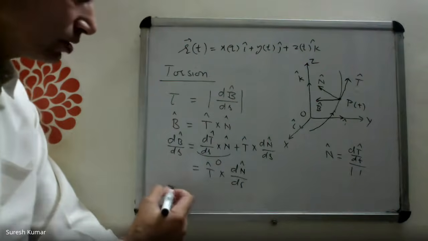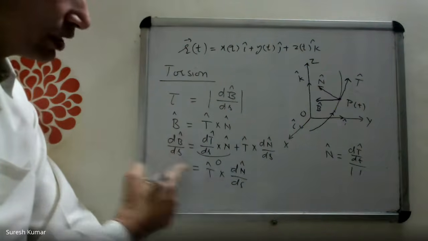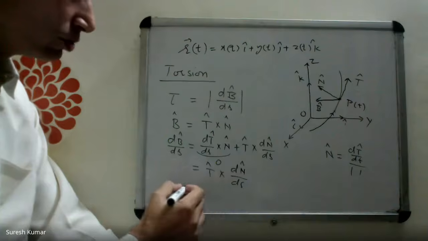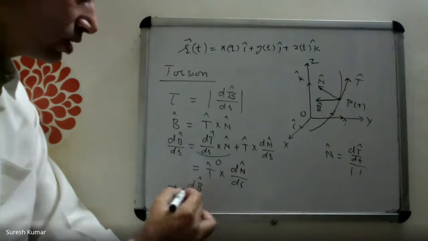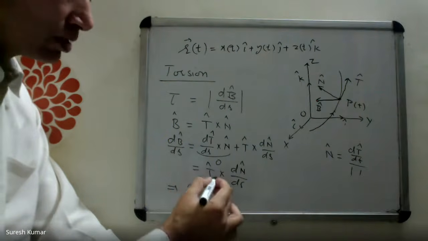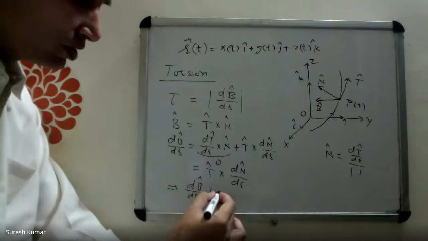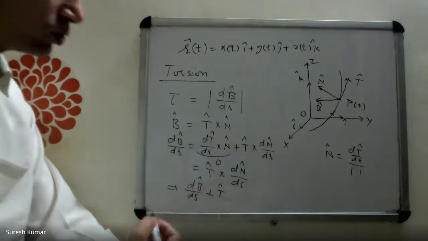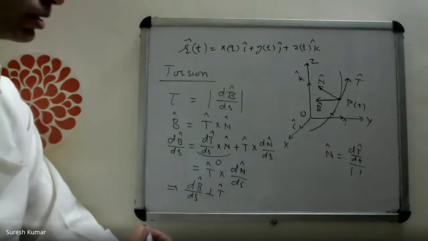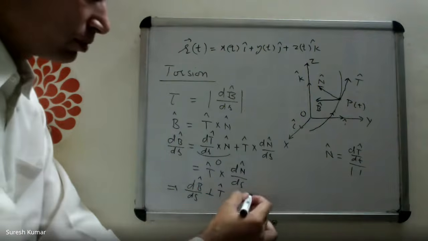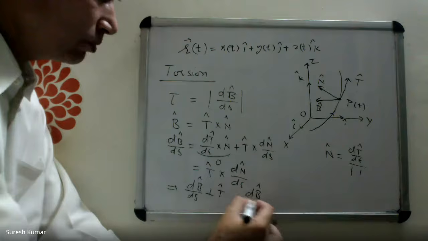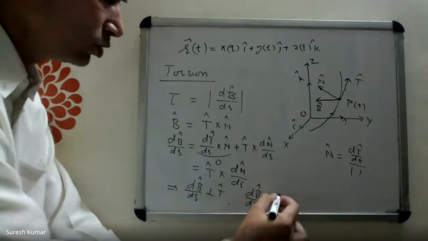What does it mean? db cap over ds is the cross product of these two. That means db cap over ds is perpendicular to both the vectors. I'm interested in writing this: it is perpendicular to t cap. Can I say db cap over ds is already perpendicular to b cap?